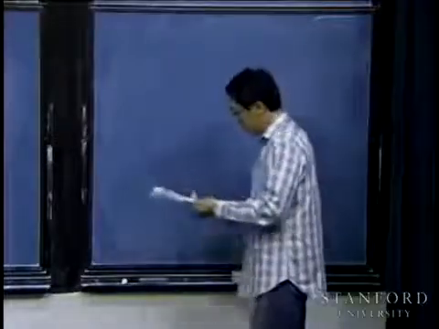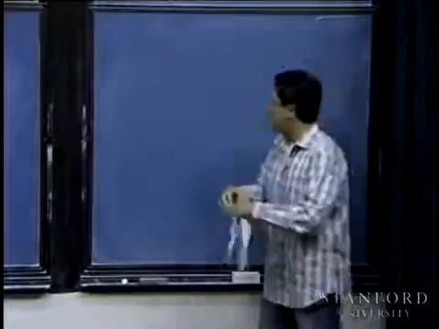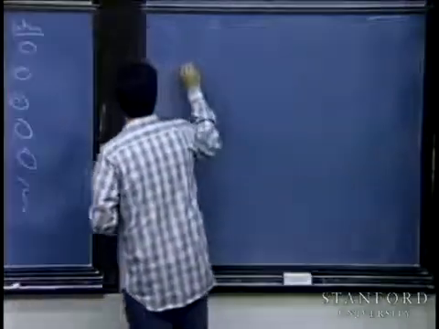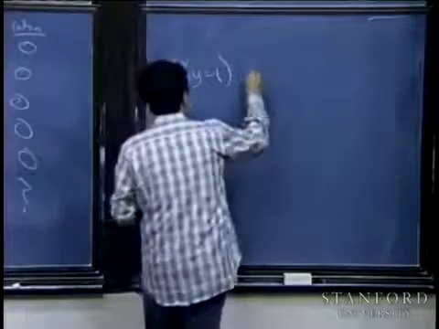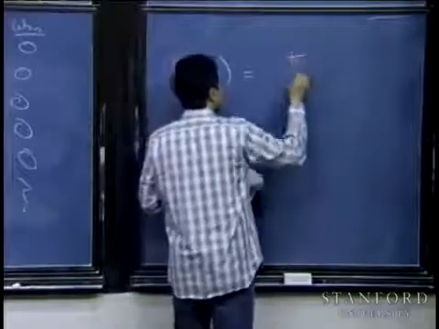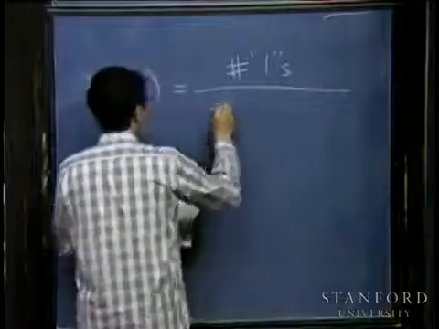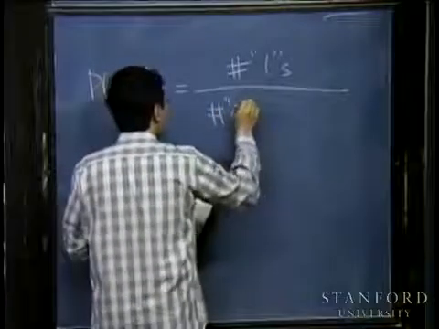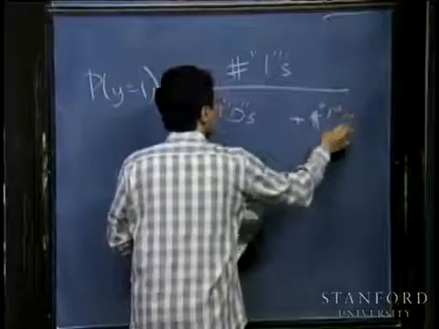Here's the idea behind Laplace smoothing. We'll estimate the probability of y being equal to 1. Normally, the maximum likelihood estimate is just the number of 1s divided by the number of 0s plus the number of 1s.